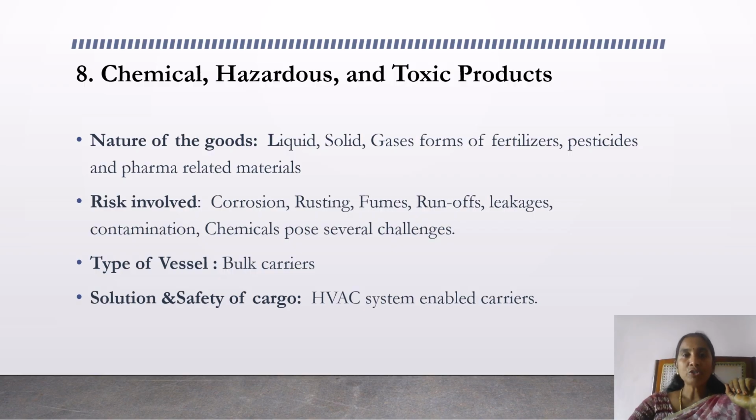And the type of vessel which we can use is a bulk carrier, and at the same time this vessel must have this HVAC system which I already mentioned. It is heating, ventilation and air controlled system. So that is what HVAC enabled carriers. So if it is there, then the cargo can be carried safely. So these are all the different types of cargo, and how this cargo can be carried safely has been discussed so far.